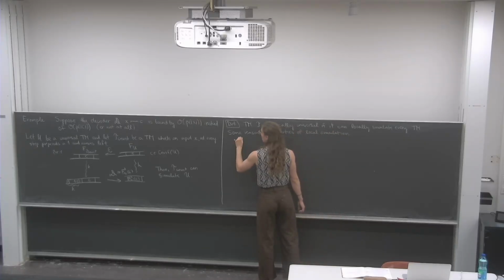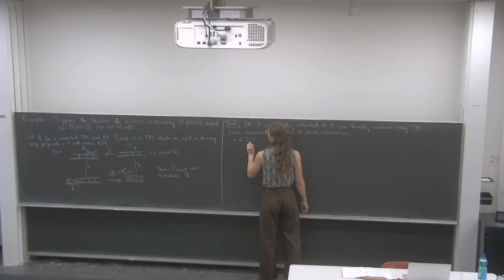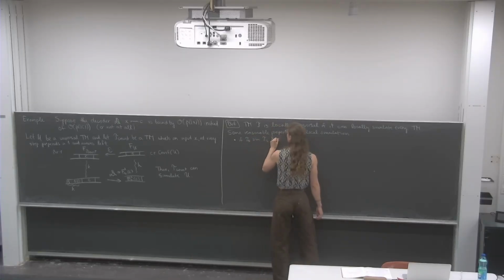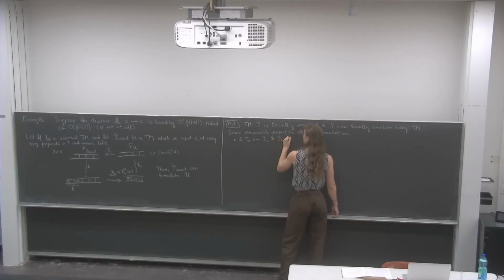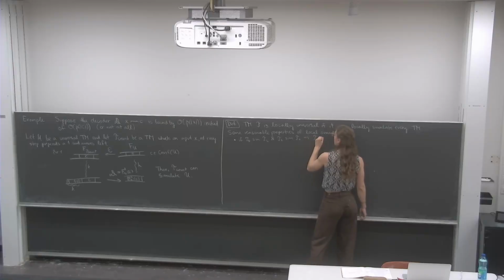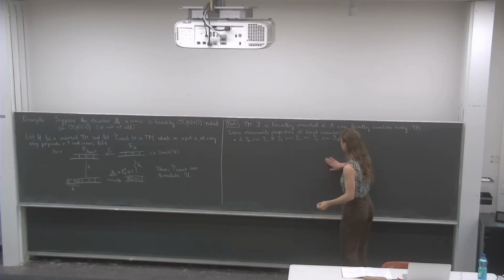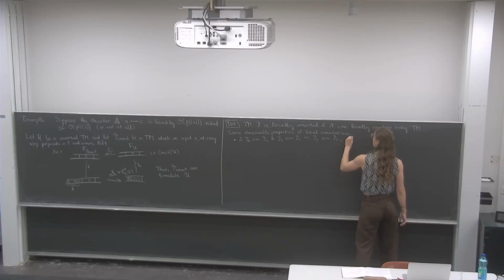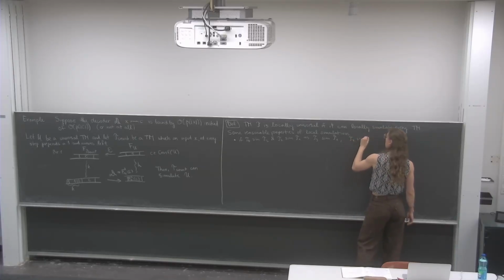So if T3 simulates T2 and T2 simulates T1, then we should have that T3 simulates T1, and we also should have that T1 simulates T1.